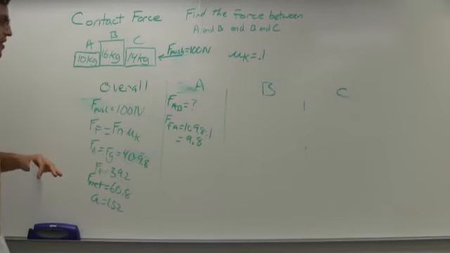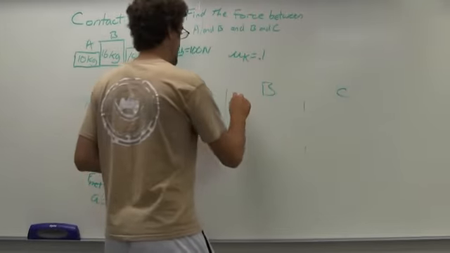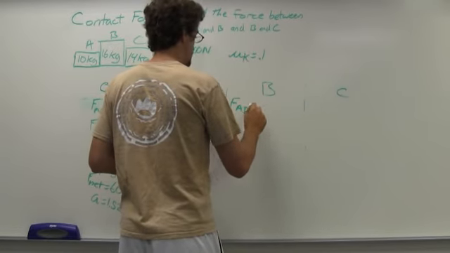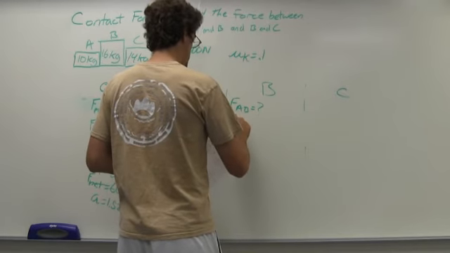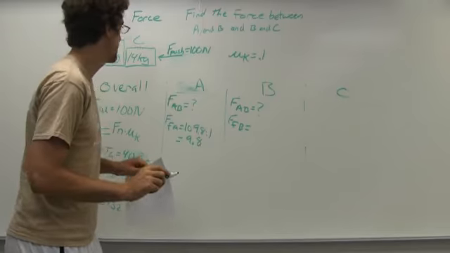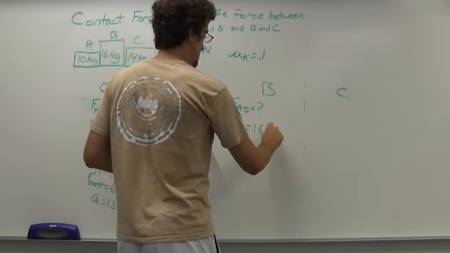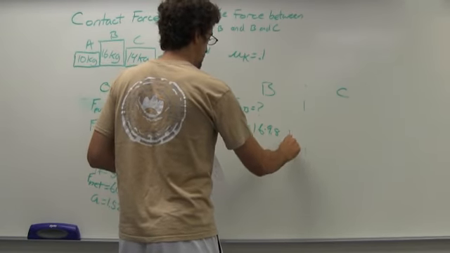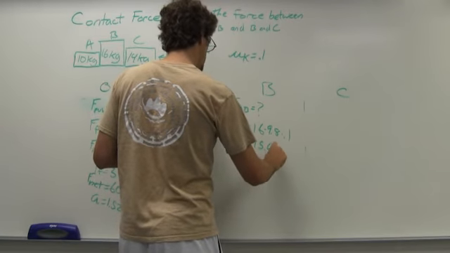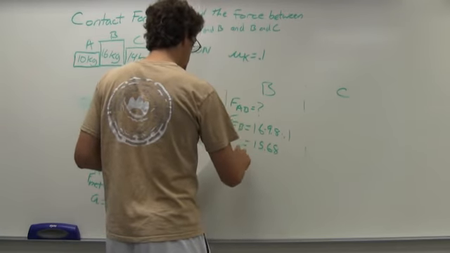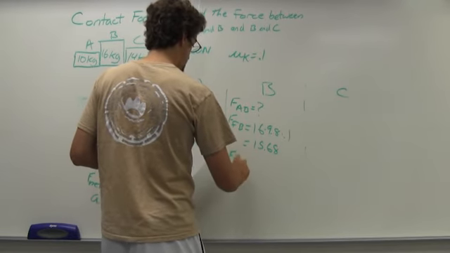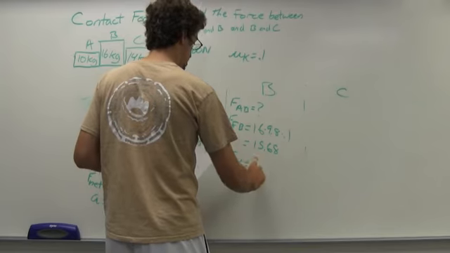B is going to have the force of A on B, which we still don't know. The force of friction on B, which I'm going to just do quickly here, is 16 times 9.8 times 0.1 equals 15.68. It also has the force of B on C, which we don't know.